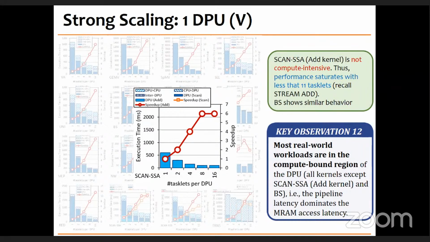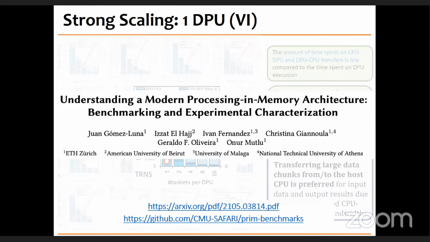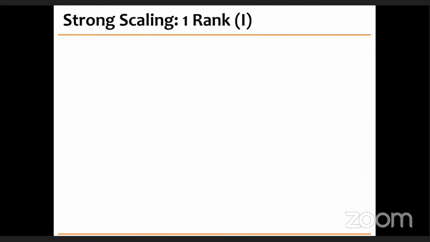The normal thing is that the execution of instructions in the pipeline takes longer, and most of these workloads on the UPMEM PIM architecture are compute bound, right? So that's exactly what you said before. But now you can see it in most of the workloads where we see that the saturation happens at 11 tasklets. Okay, more details in the paper for this analysis on one DPU.